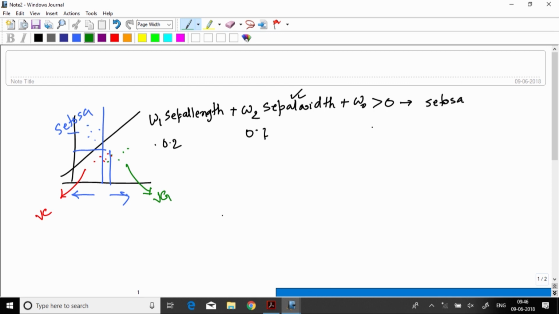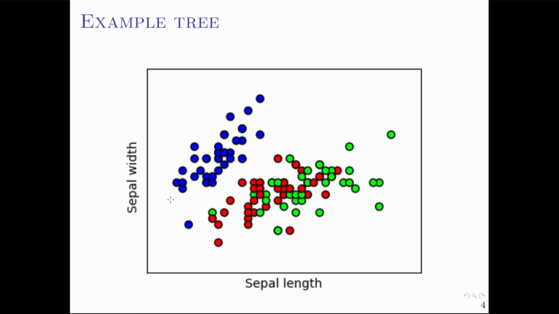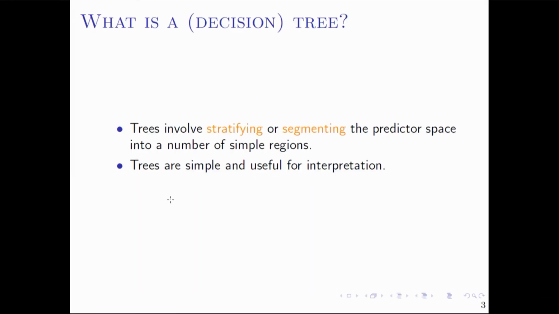Now the difference is that this is not a linear classifier. These boundaries are not linear, but they have more interpretability.